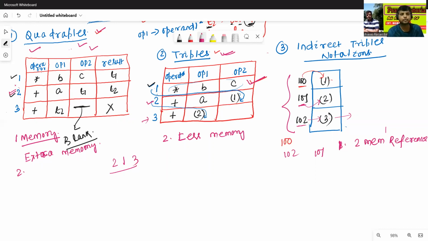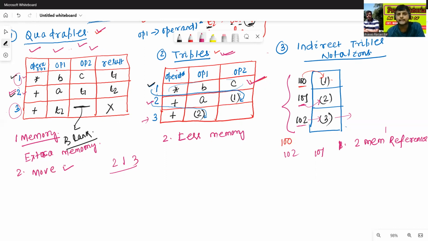We can execute 2 first, then 1, then 3. If we change the order in quadruples notation, suppose I write 2 here and 1 here, there is no problem. So movement is okay.